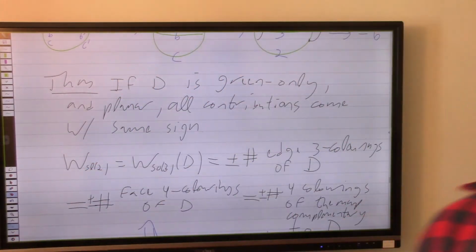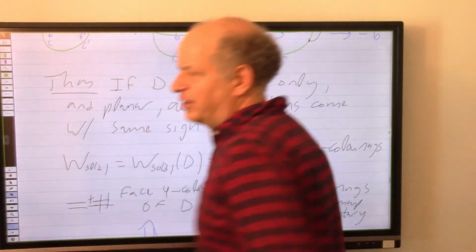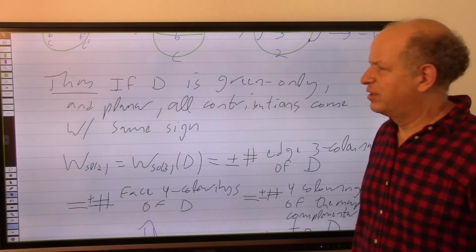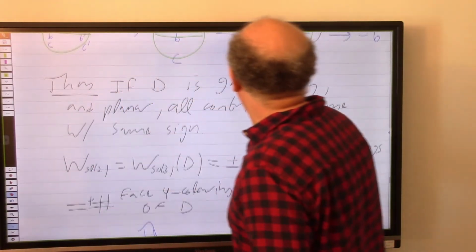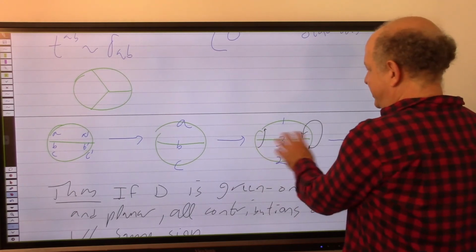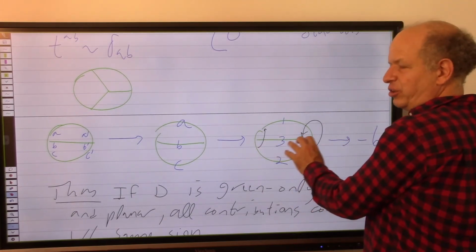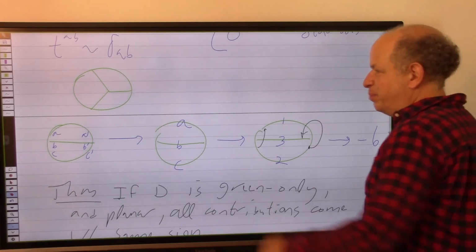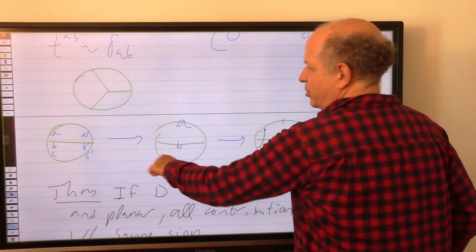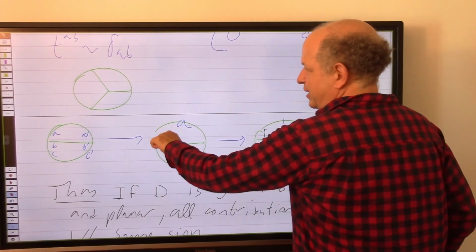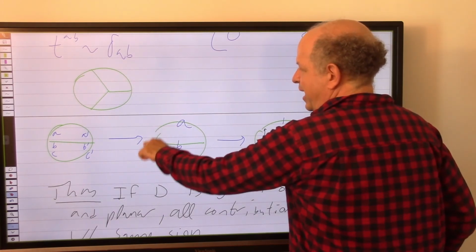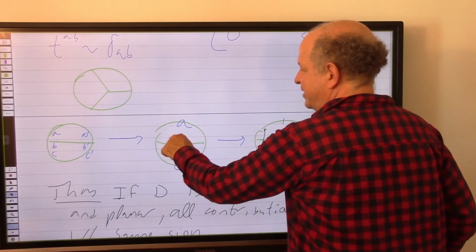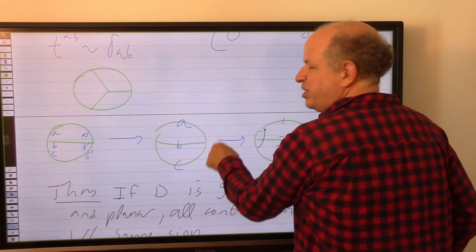Oh, wait, why did we get -6? I thought we multiplied the signs. Yeah, but the way I wrote it, these signs are always opposite to each other, not equal. Because when you read counterclockwise, which is my convention, and suppose you start at A, here you're going to read ACB, and here you're going to read ABC.